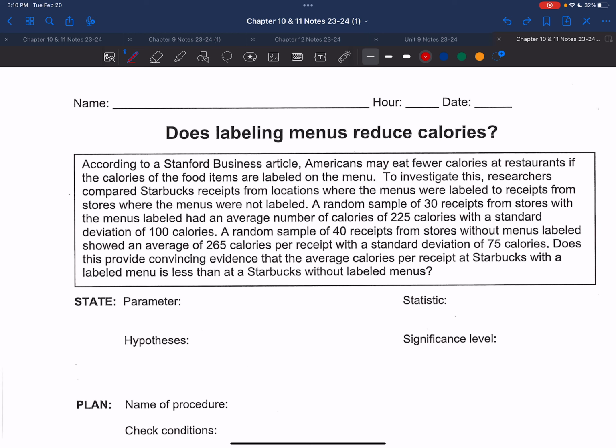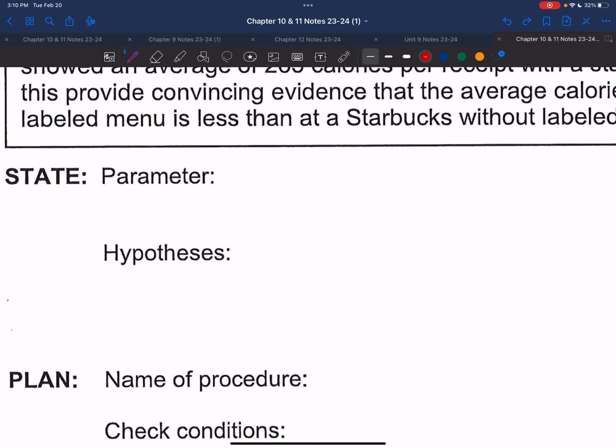So we're going to do a 4-step process. In the state section, you got to show me your parameter. So mu1 minus mu2. What does that represent?